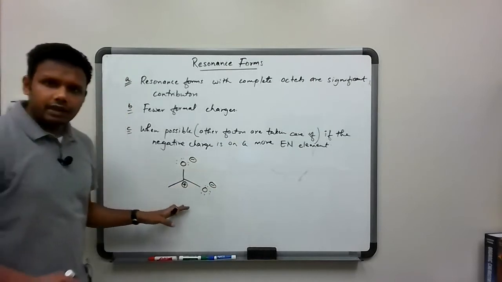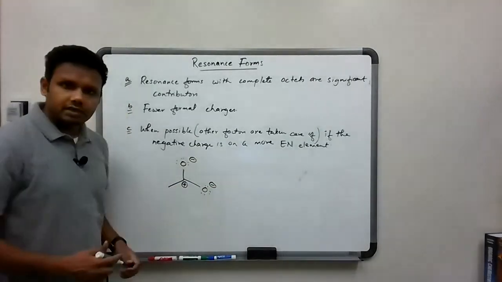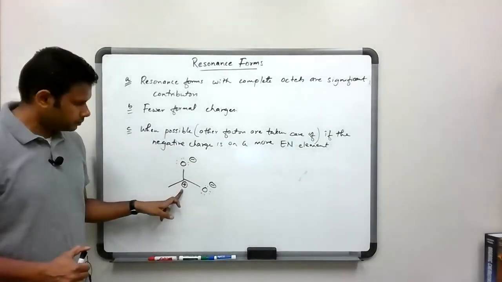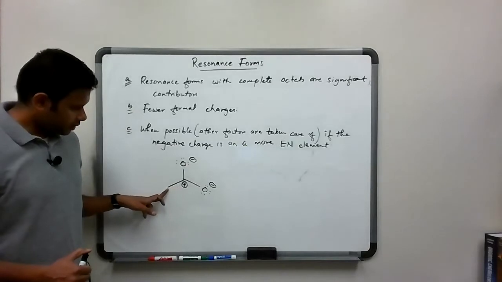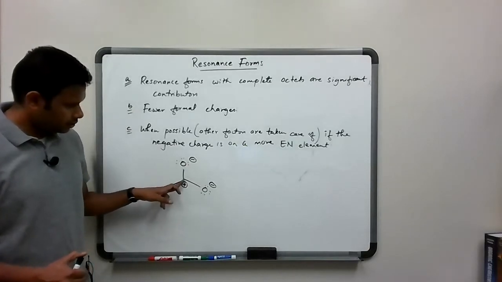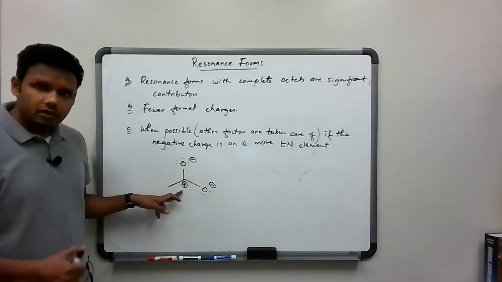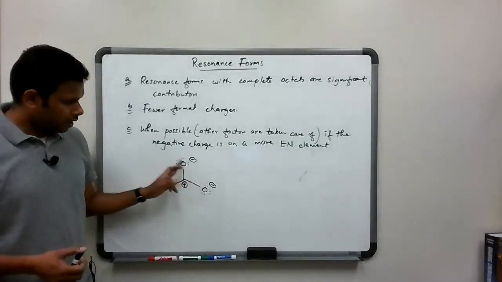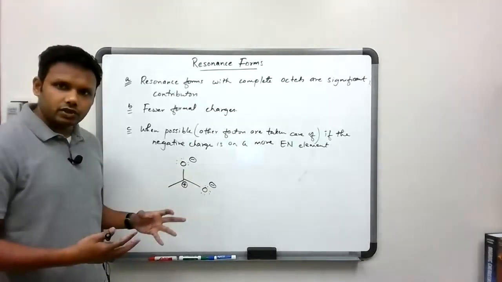Let's say that's a molecular species we have. We have a methyl, CH3, connected to a carbon which has a positive charge, and attached to it there are 2 oxygen atoms with negative charges on them.